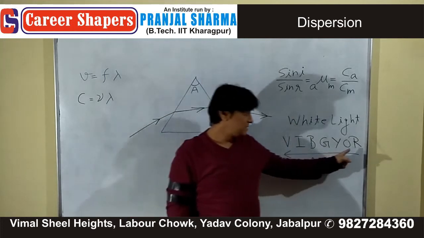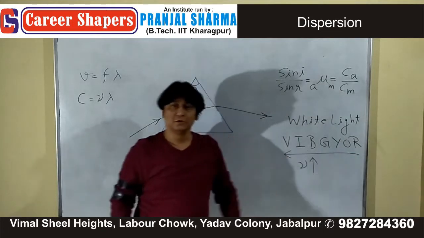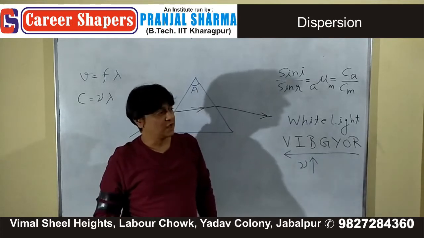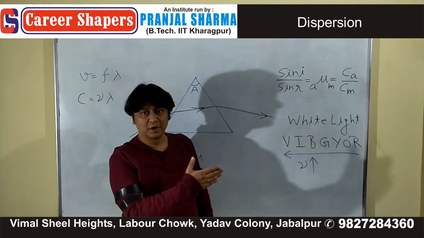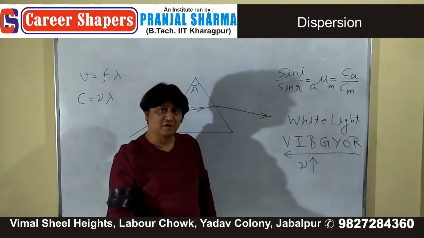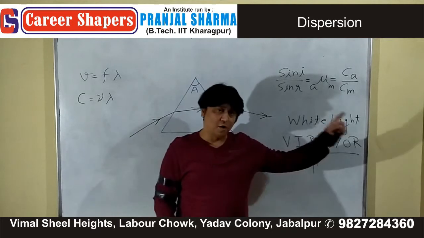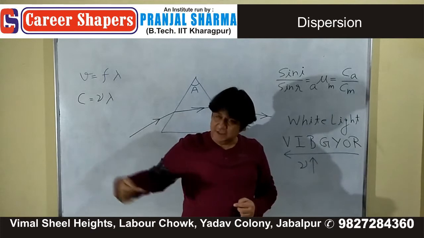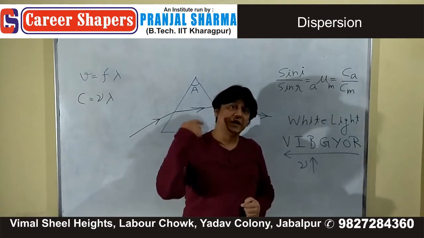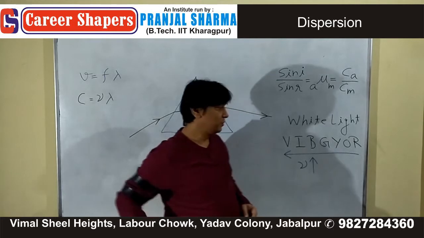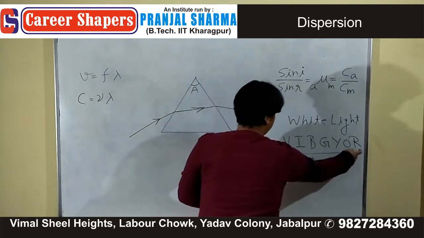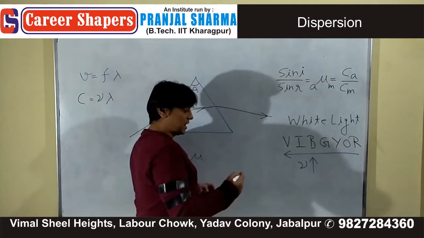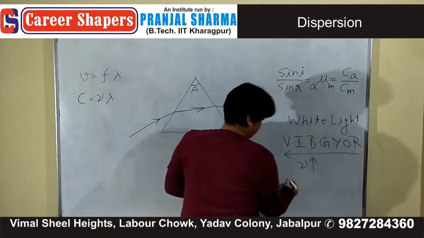On the other hand, if you consider red, the person who is less energetic, he's got few friends, and when he passes through the room, there are fewer interactions. He can come out quickly, and therefore somebody from the outside finds that his travel time is less and his speed is more. And therefore, as you move from red to violet, your velocity decreases, and that is represented by this.